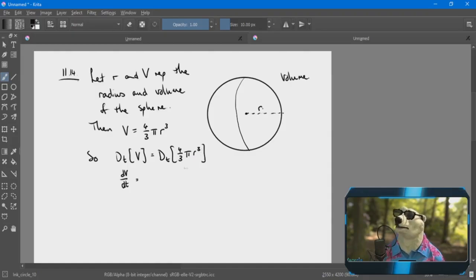So when I take the derivative of the outside function, I get 4 pi r squared times the derivative of the inside function, which is dr/dt. Here is my related rates equation.